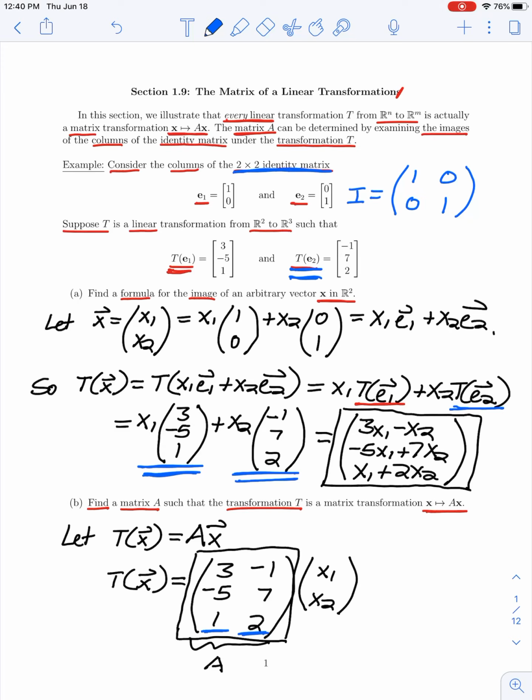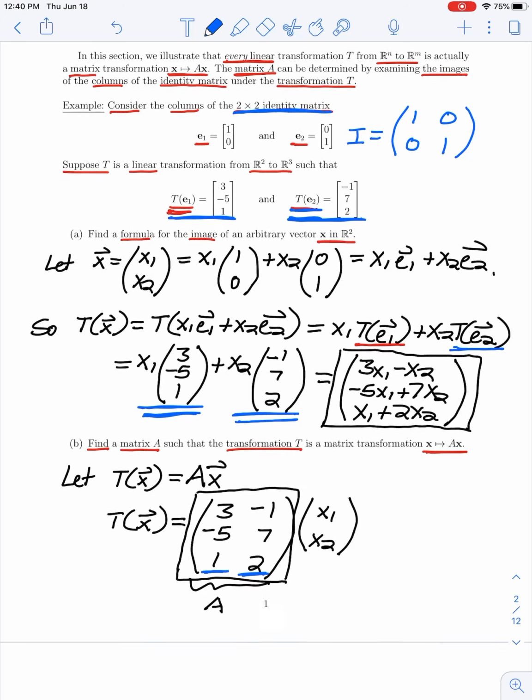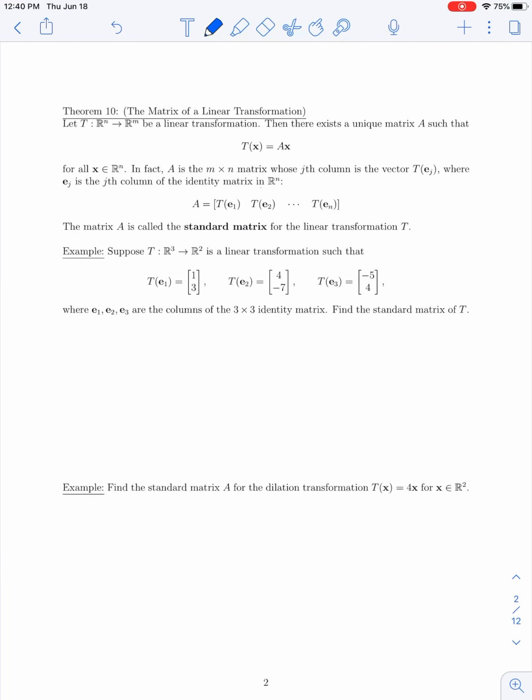And those two vectors were the images of e1 and e2 under that transformation T. So our matrix A, which describes the transformation T, has columns which are given by the images of those e1 and e2 vectors. So we could ask the question, would that always be the case? And the following theorem, which is Theorem 10 from your textbook, says that that is indeed the case.